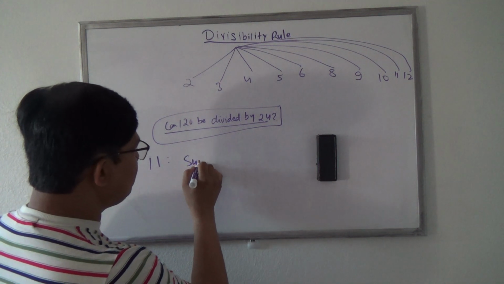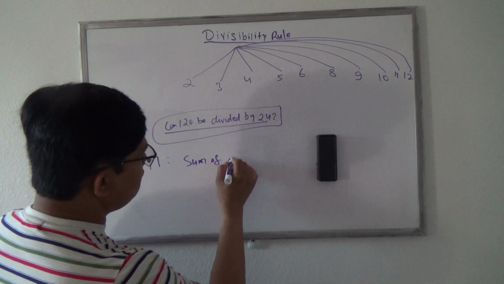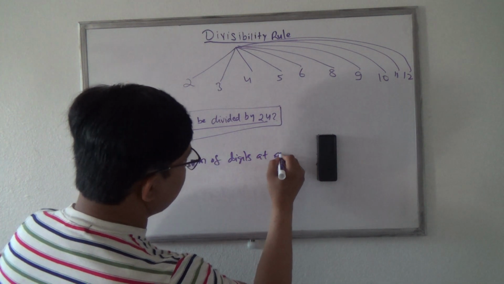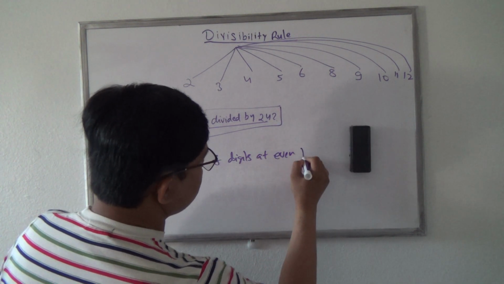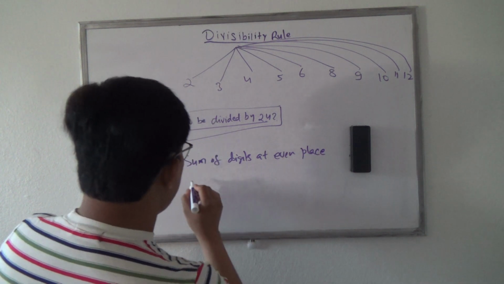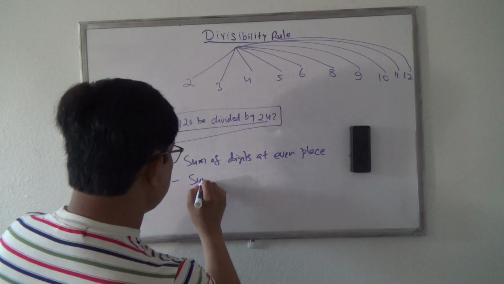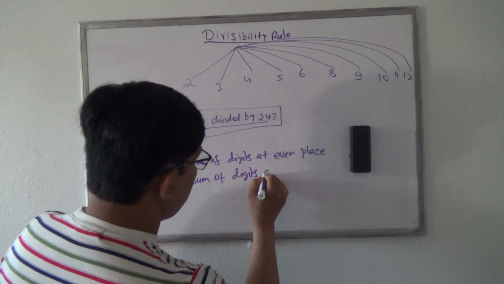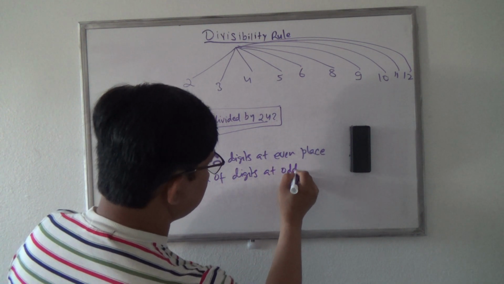So sum of digits at even places minus sum of digits at odd places.